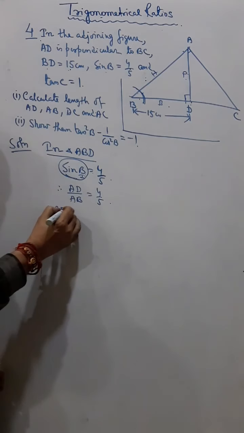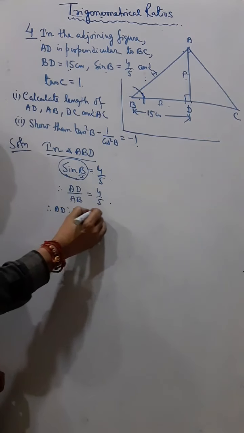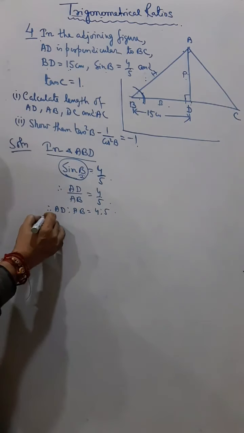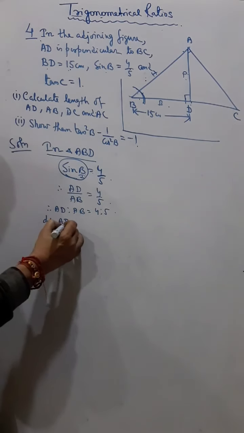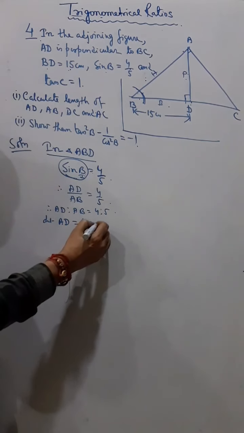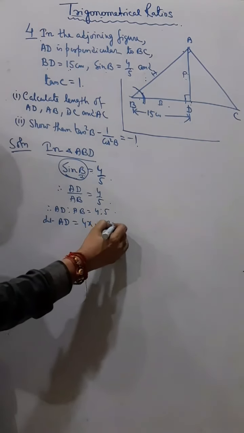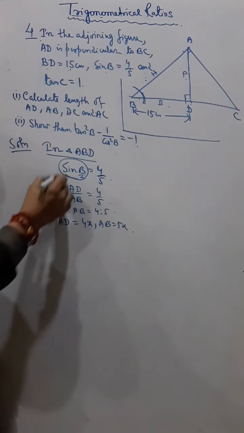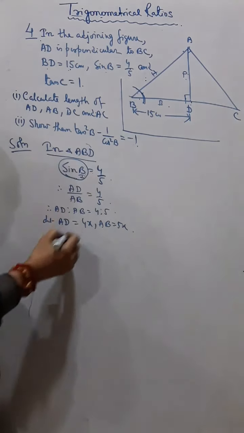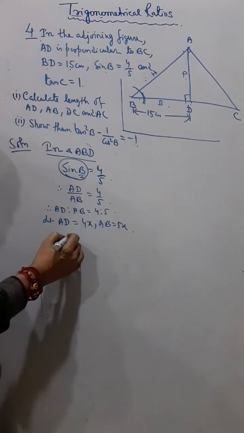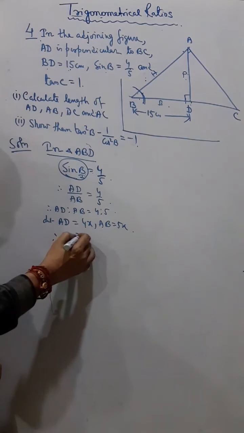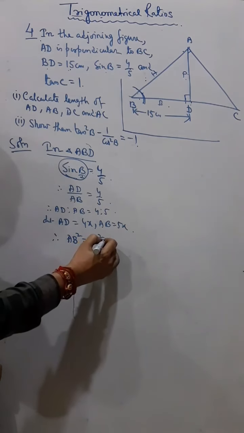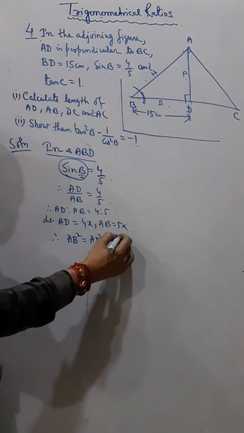AD is to AB is equal to 4 is to 5. Now you can take AD equals 4x, AB equals 5x, and use Pythagoras theorem in ABD: AB square, hypotenuse square, is equal to AD square plus BD square.